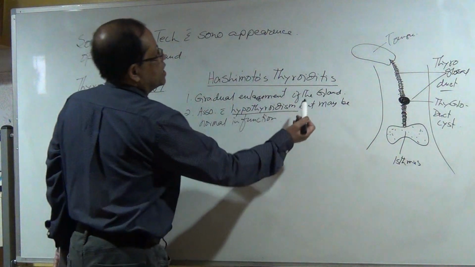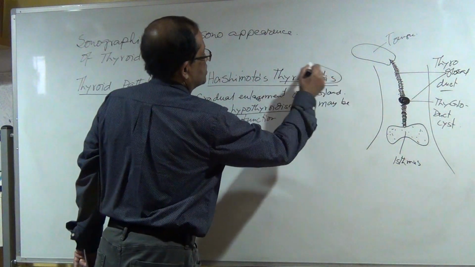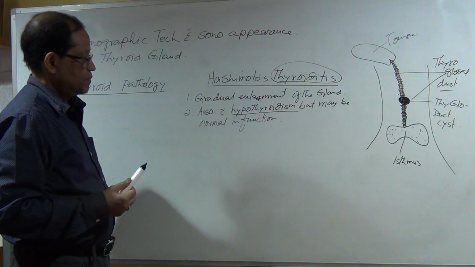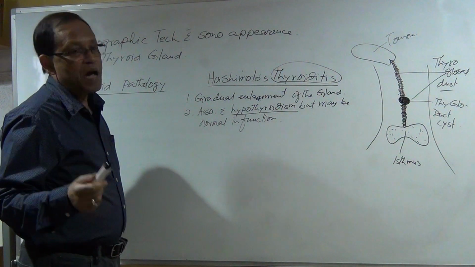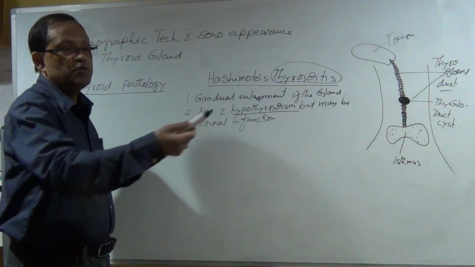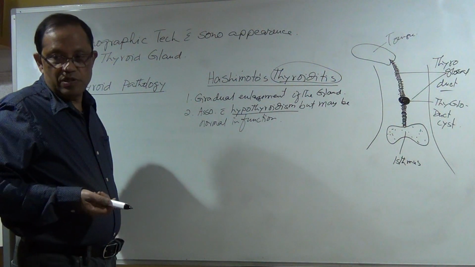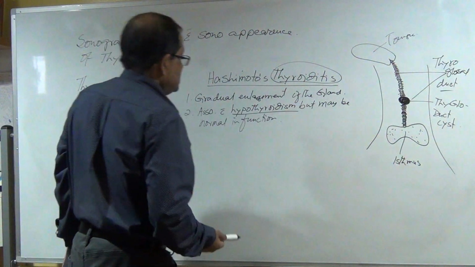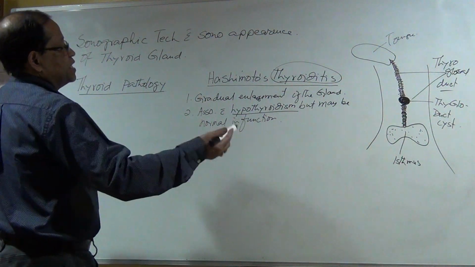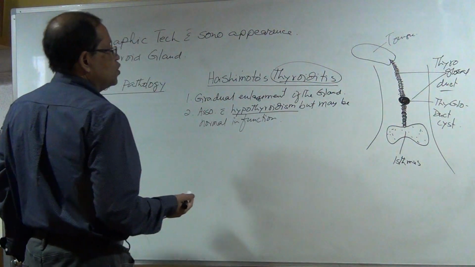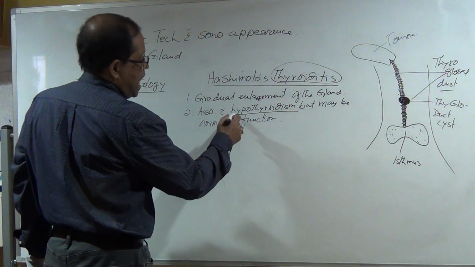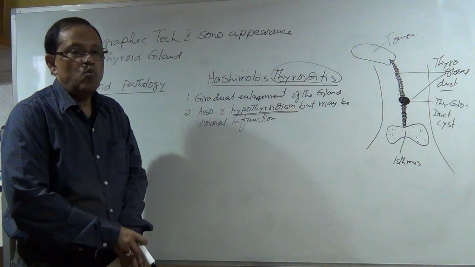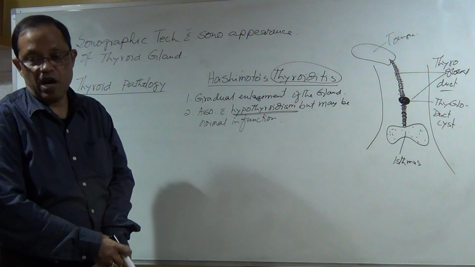But at the initial time, when there is an inflammation, there will be enlargement of the gland and may not have hypothyroidism. If you do the blood test, it comes back normal. So in the advanced stage, the patient will gradually develop hypothyroidism. And when it is hypothyroidism, then we will understand the signs and symptoms of hypothyroidism.